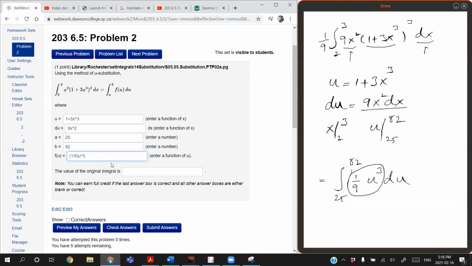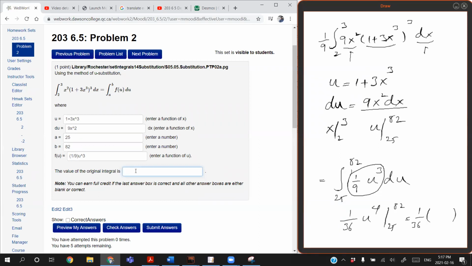And finally, I should solve the antiderivative. I get 1 over 9 times 9 times 4, which is 36. So 1 over 36 u to the power of 4, from 25 to 82. That's going to be 1 over 36 times (82 to the power of 4 minus 25 to the power of 4).